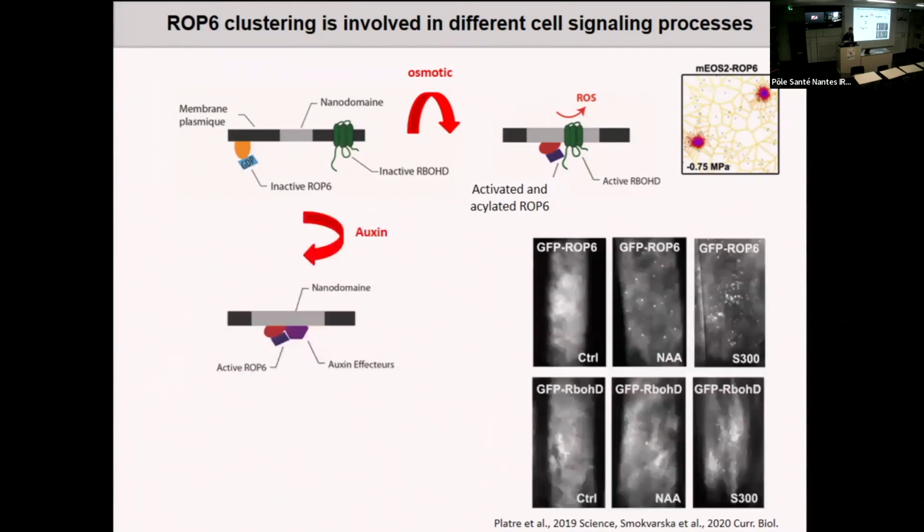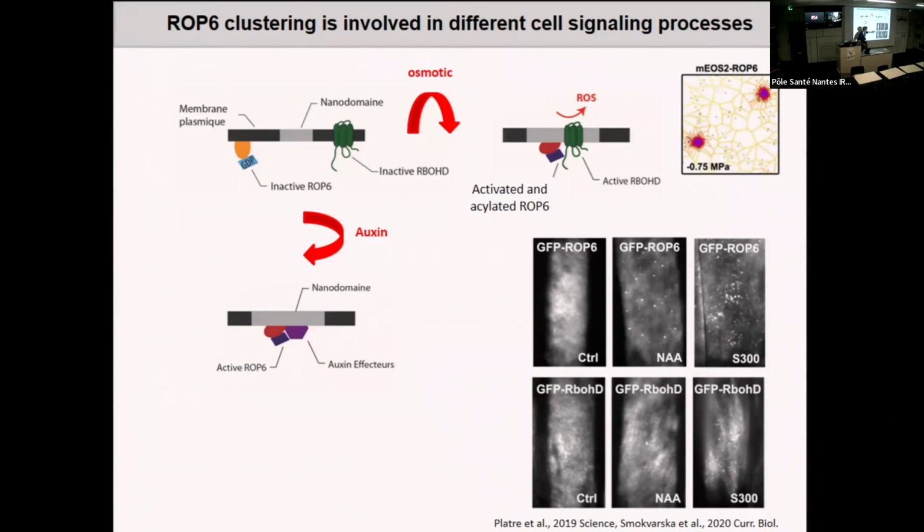But what was really interesting is that meanwhile, colleagues in Lyon were working on another signal on the same GTPase, which is auxin, a very important hormone for plants. And they found basically the same thing as us: it clusters the GTPase, the same isoform in the same subtype as us. So we were wondering if the protein that co-clusters, the NADPH oxidase, was also present after an auxin treatment, and it was not the case.